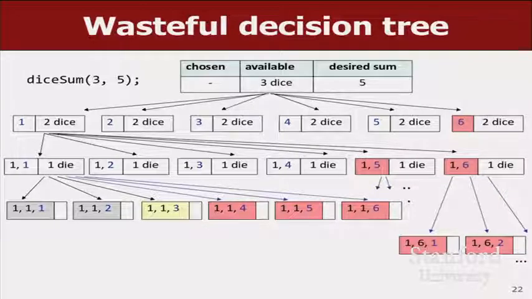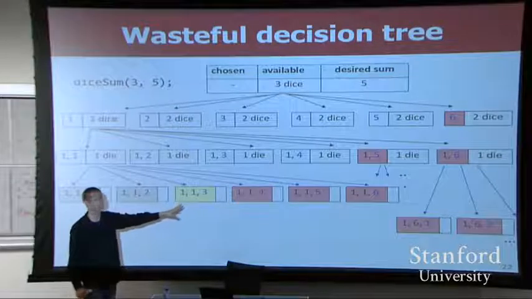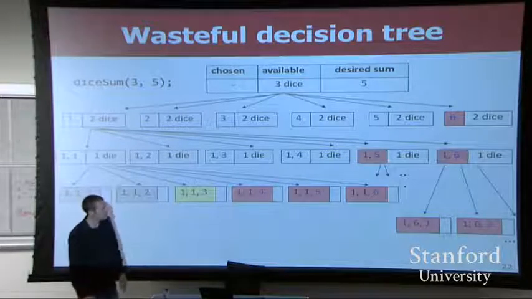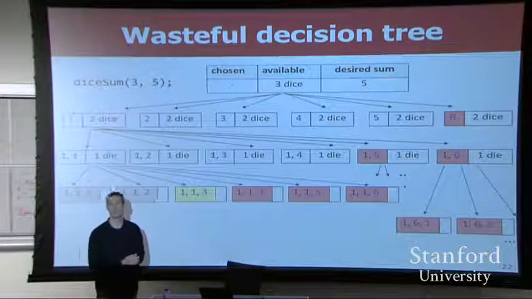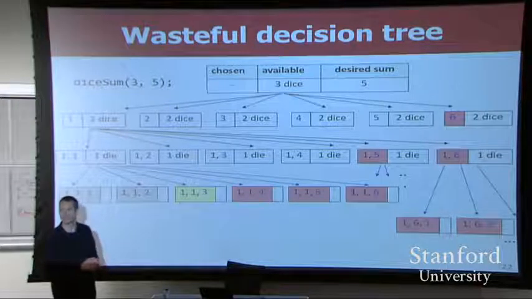Look, I'm trying to add 3 dice and get a desired sum of 5 in this picture. And some of these red boxes here are bad ones, where we're not going to print anything, or we're not likely to print anything. Can you describe to me what are the sorts of situations where you know you're on a bad path in this tree?